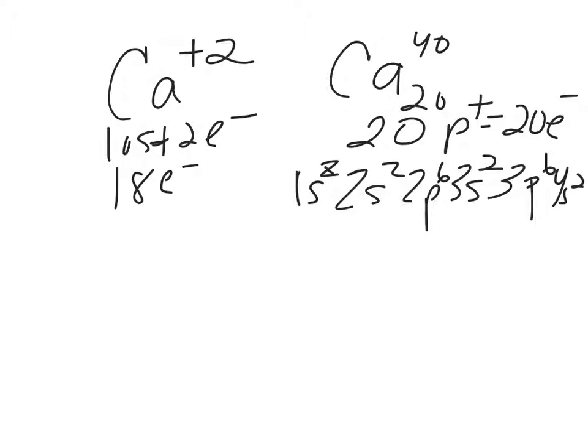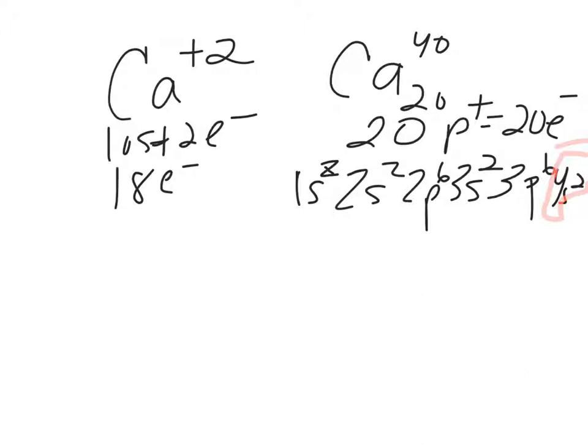But I know now for my ion that in order to lose 2 electrons and form my +2 ion, so that I only have 18 electrons left, the 2 electrons I'm going to lose are these 2 in the valence shell.